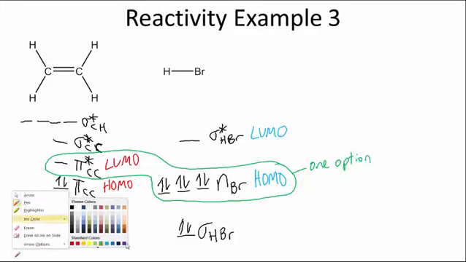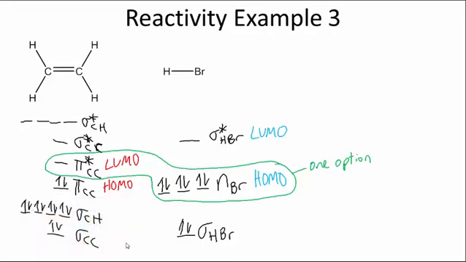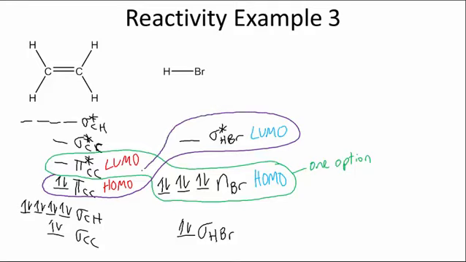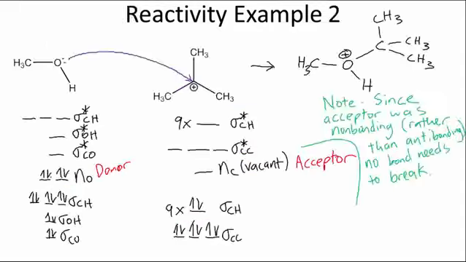Or you could consider the other option where I have pi CC donate to sigma star HBr. And this is an example where I think you need a little more information to be able to make the choice. I think the last case was pretty clear cut.